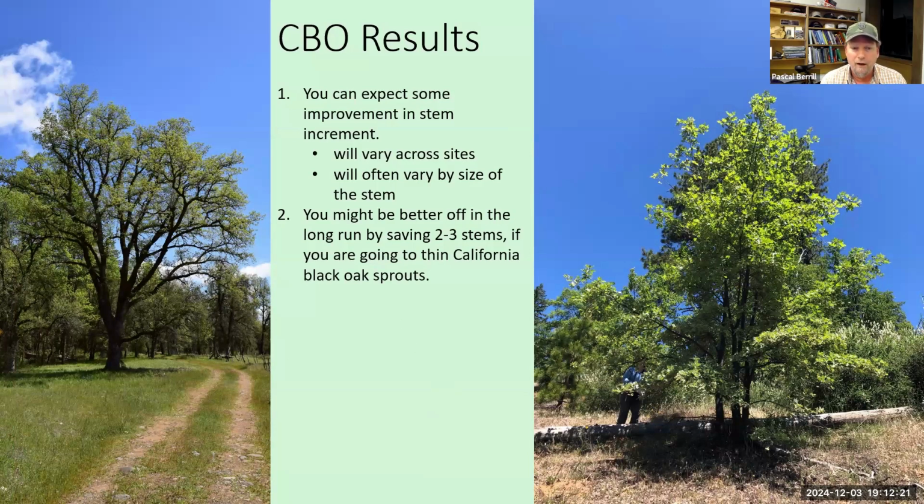The oak stems that grew the best were the largest. So you've got a better response where we picked larger stems. And so always try to pick the best ones to keep. And then in the long run, you might be better off saving 2 or 3 stems, not just 1, if you're going to do this type of thinning treatment. So those are the big takeaways.